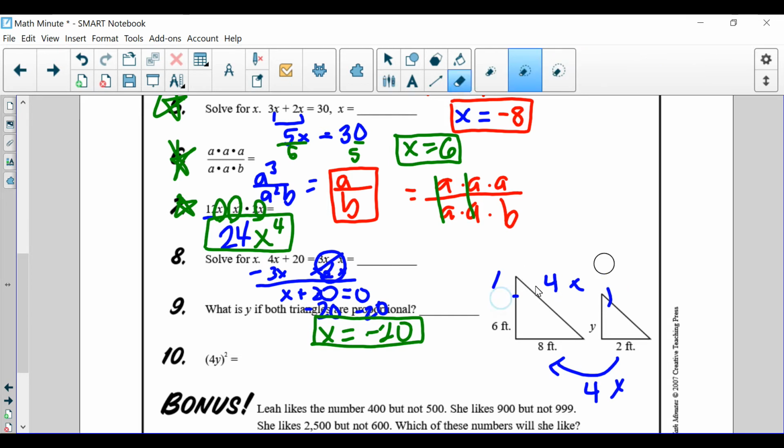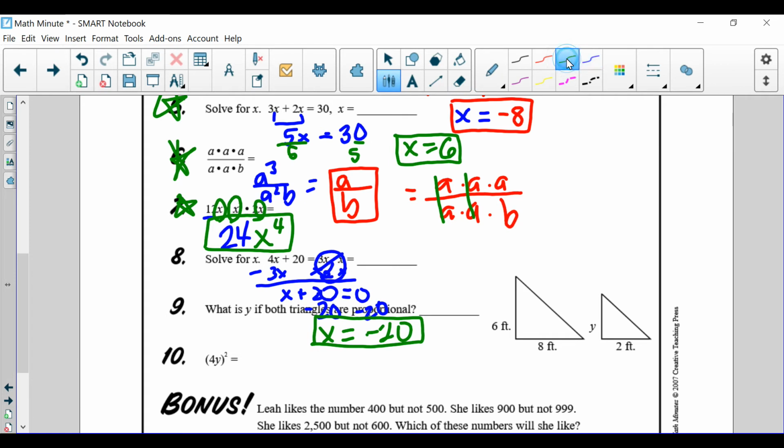Or you can also do this process where you think, okay, let's try to see what happens this way. How does 8 become 2? Well, it becomes 2 by dividing by 4. So we're going to need to divide by 4 here. And a way of doing that is 6 divided by 4. You can write it as a fraction.